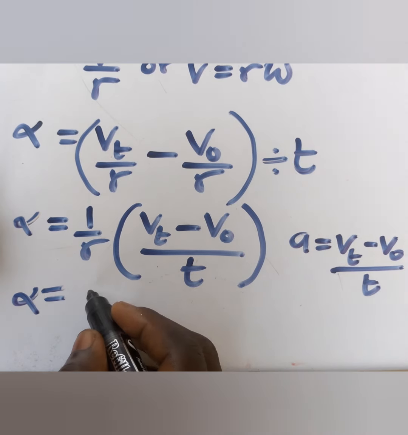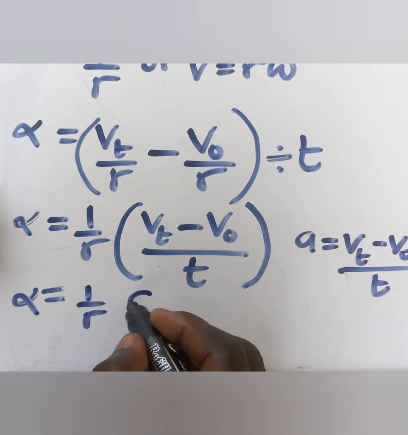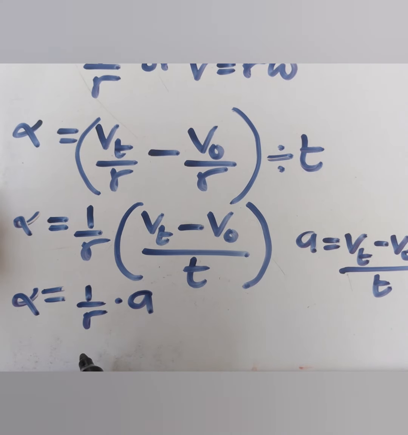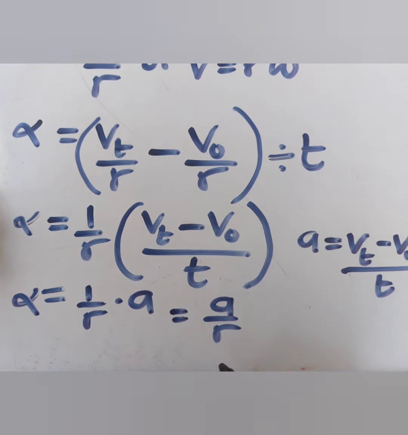So I can write that 1 over r multiplied by a is a over r.